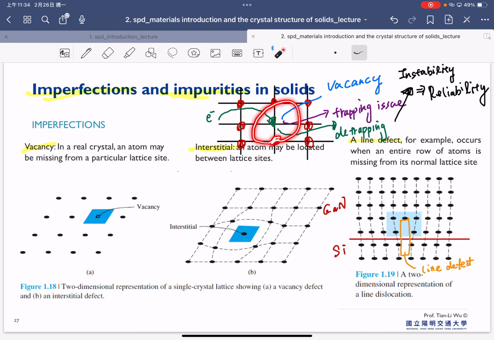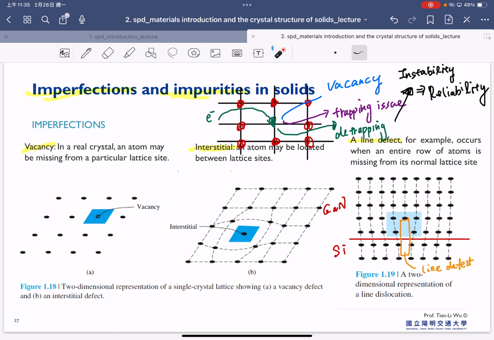But in the end, that will become the reliability of our electronic device. So what we should do is understand this instability, and in the end try to figure out certain solutions. That's a kind of correlation of the material science in the end to our electrical result, or the product quality.